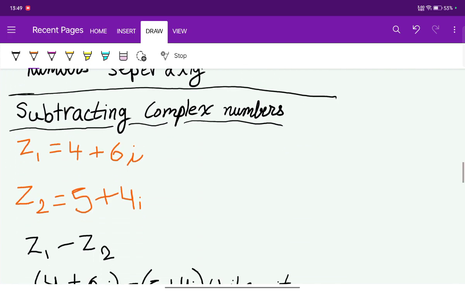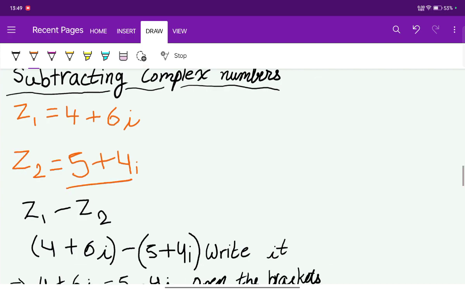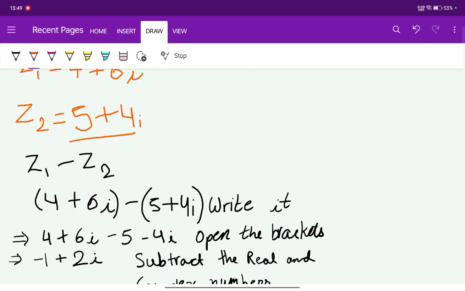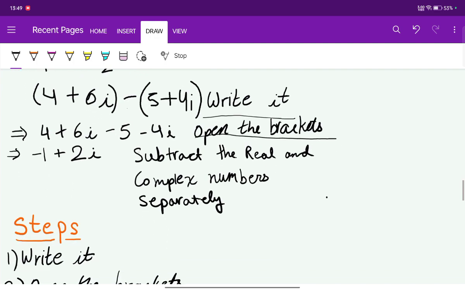Subtracting complex numbers. If z1 is equal to 4 plus 6i and z2 is equal to 5 plus 4i, then z1 minus z2. So first we have to write it, then open the brackets. If it's minus, then plus will become minus, and minus will become plus.